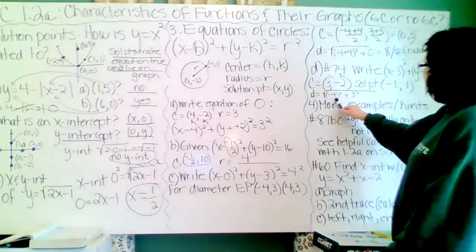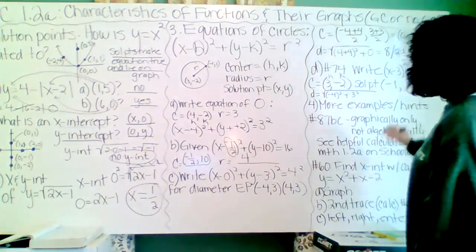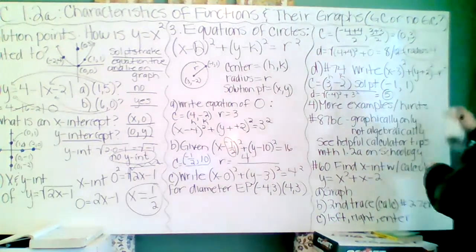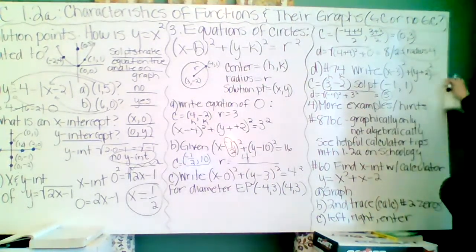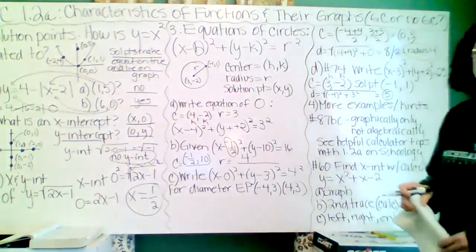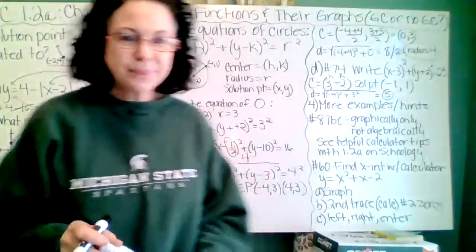Let's see, this is 16 plus 9 is 25. When you take the square root, you get 5. So the radius is a length of 5. And when I square it, I get a 25. So notice drawing pictures helps you.